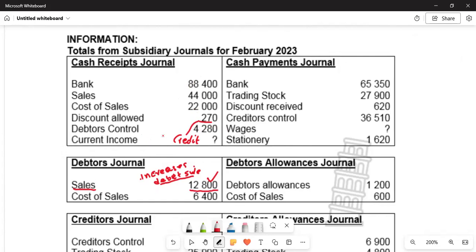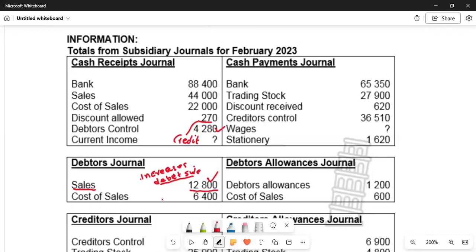That is what debtors control reflects. So as they paid, that is going to go on the credit side as well because customers paid their accounts, so the debtors is going to decrease on the credit side. So that is that. Now let us go and record them on the answer book that is provided.